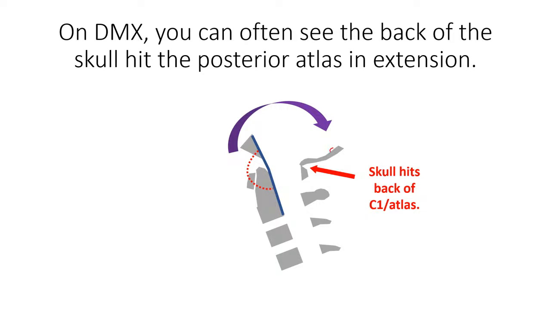Remember, this is the skull up here, the way I have it drawn, also called C0, and then this is C1. You can see the skull hits the back of C1 here. I'll draw a little explosion there so you can see what I'm talking about.